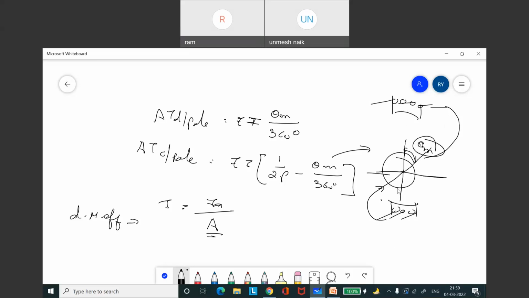The compensating winding will increase the flux. Earlier we saw that the angle is shifting. Because of the cross magnetizing effect, at one end of the pole tip the flux decreases and at the other end it increases, because of which the MNA is shifted.